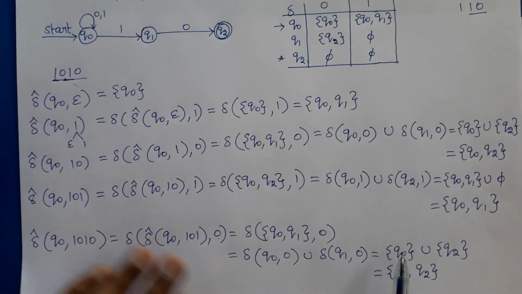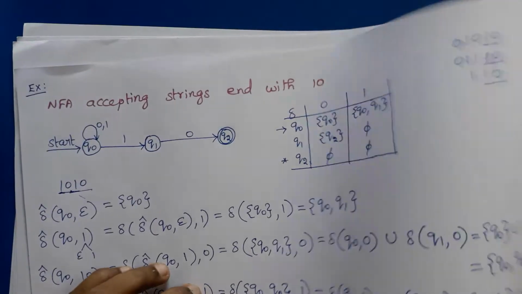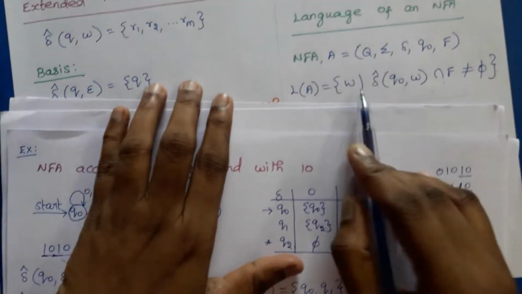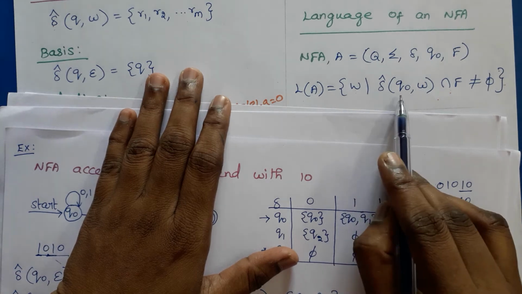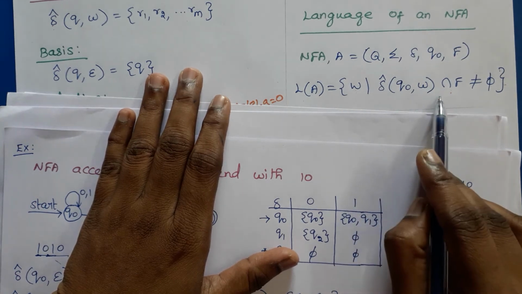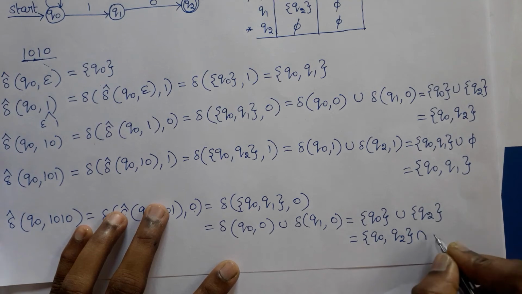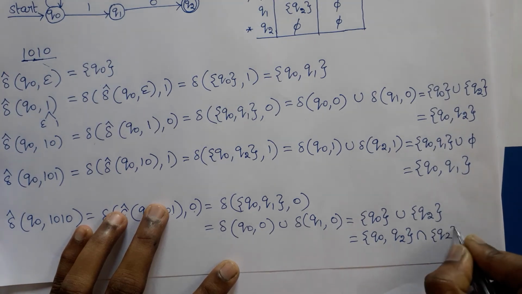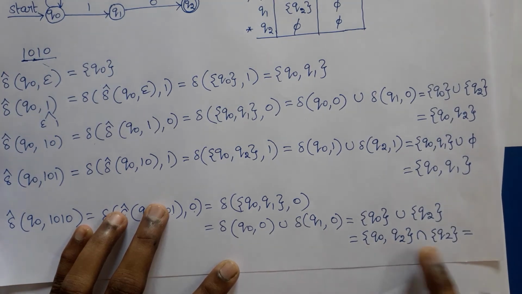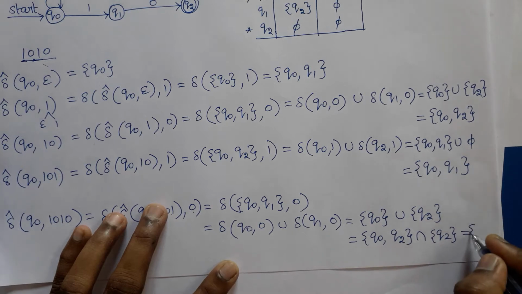Then how can we find whether the string is accepted or not? So we have to follow the condition for this language. We have to find delta cap of q naught comma w, then perform the intersection operation with F. Here the final state is q2. So if we perform intersection with q2, q naught q2 intersection q2 is q2, right?